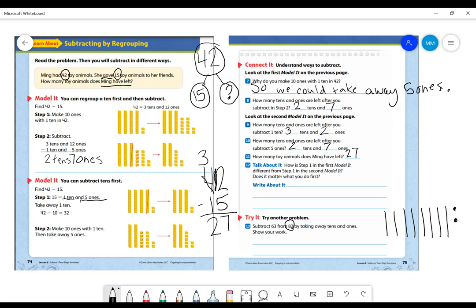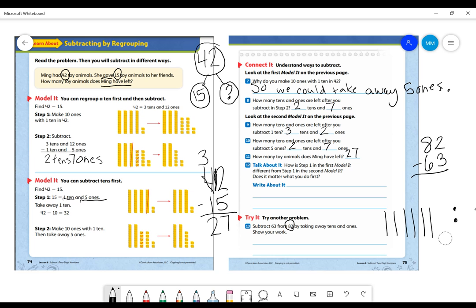Now, in 63, if I were to make an equation where I lined up my tens and ones, can I take 3 from 2? No! So Miss Mason is going to use the first strategy. I am going to bust up a 10.